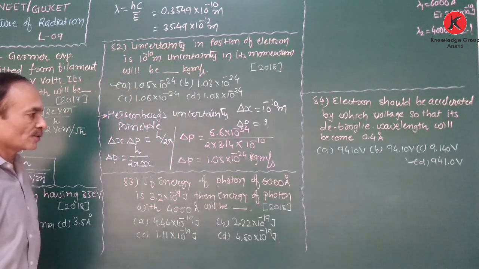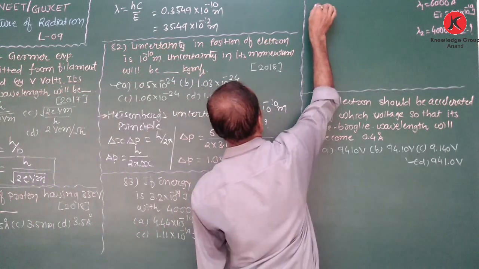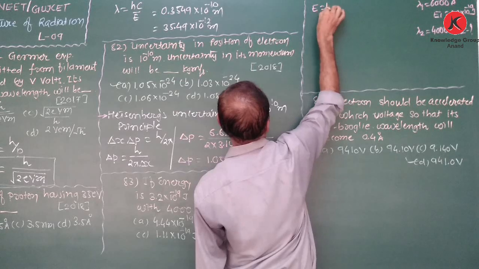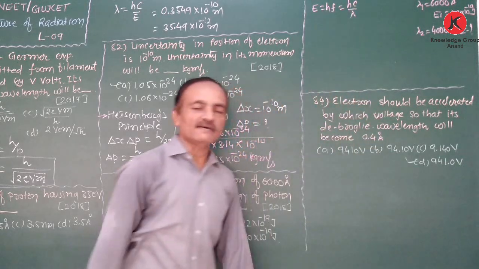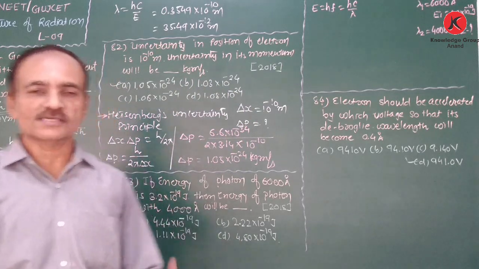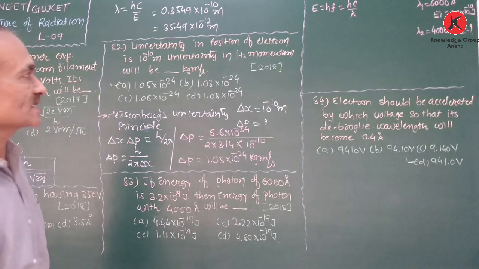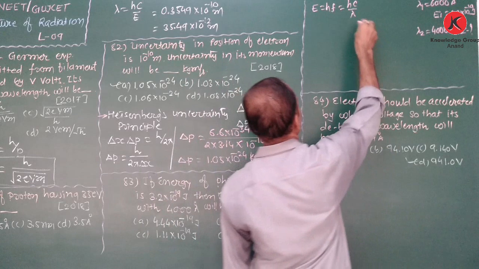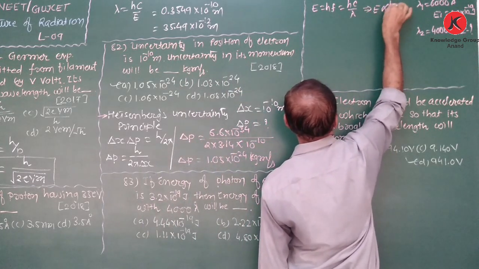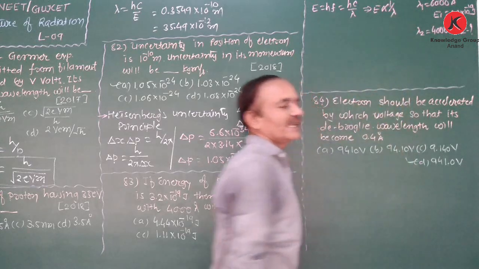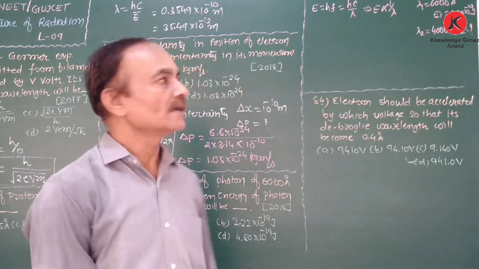Now the energy of photon, we know that E is equal to hf is equal to hc upon lambda. Now here the h is constant, c is also constant. Therefore, from this equation, we can say that the energy is inversely proportional to the wavelength. E proportional to 1 upon lambda.